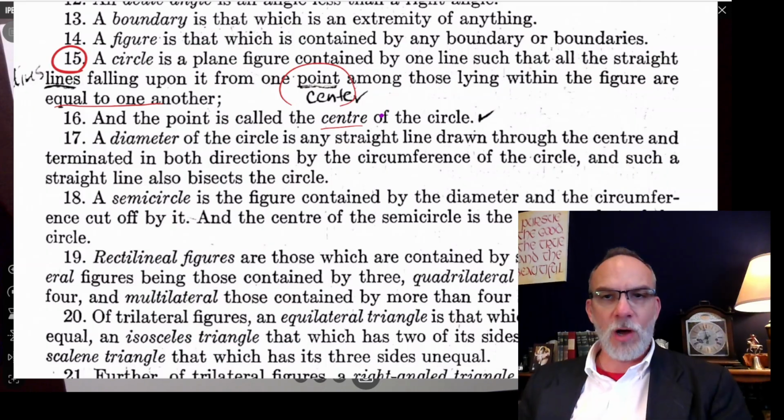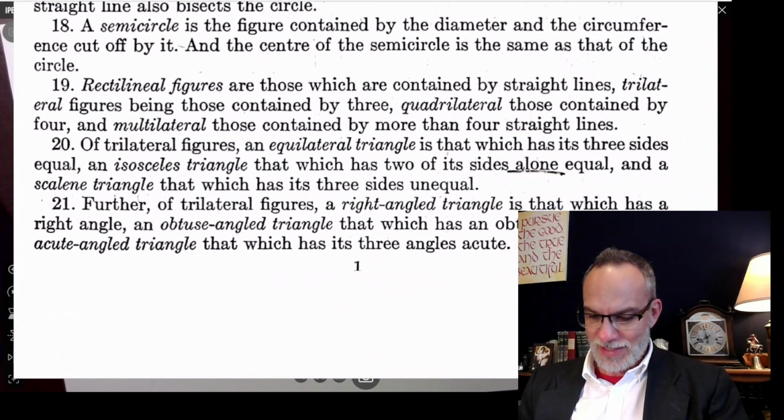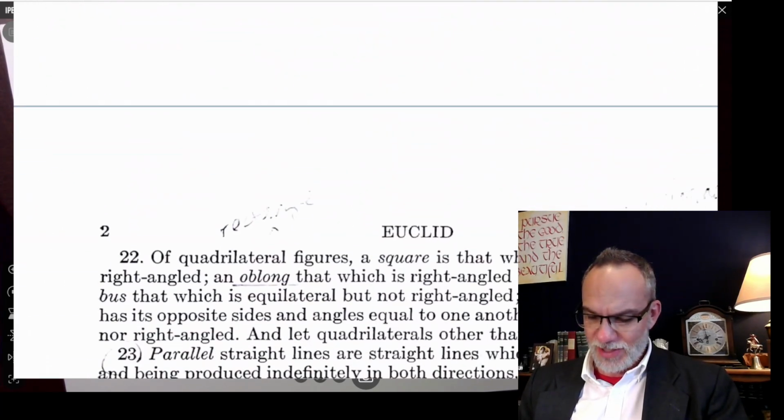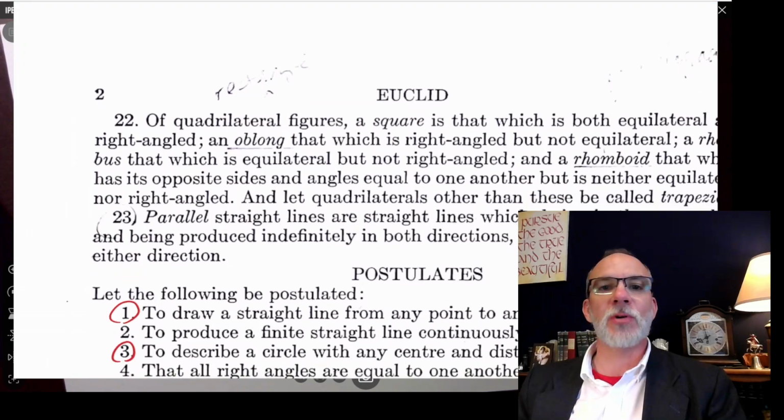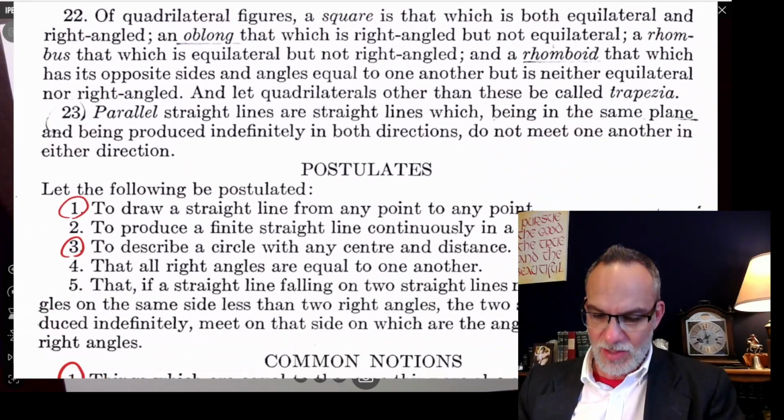What he's saying is that all radii, if you have a radius of a circle, every single radius of a circle is identical in length to all other radii. And then diameter, semicircle, and so forth like that. These are good. I'll let you look these up. This is actually a scan of my personal copy of the book that I just showed you, so sorry for the handwritten stuff that's in there.